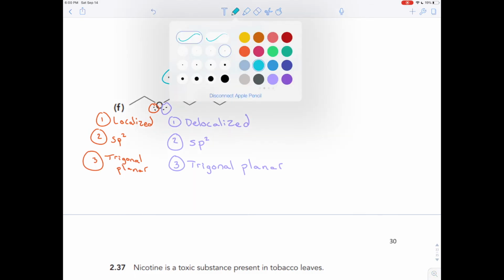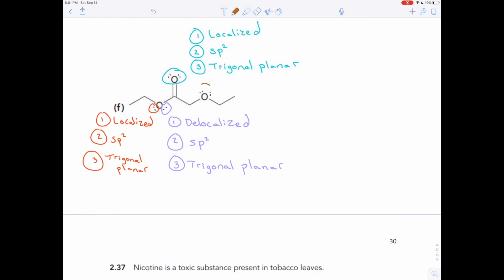Okay, last but not least, we've got our good old friends, these lone pairs over here. Now those lone pairs are not in any resonance patterns. They're not allylic, they're not one atom away from a double bond, they're 2 atoms away from a double bond, and they're not next to a positive charge. So they are localized.